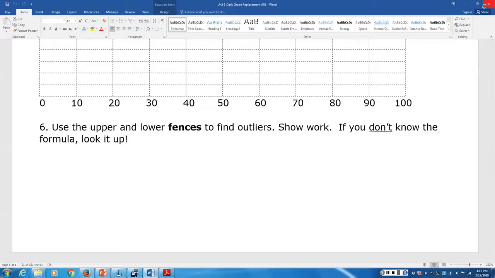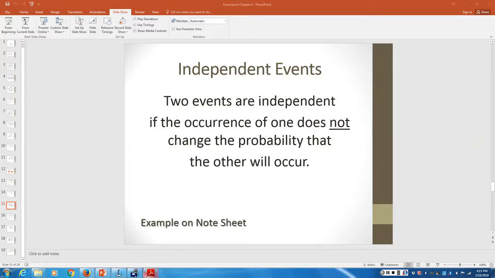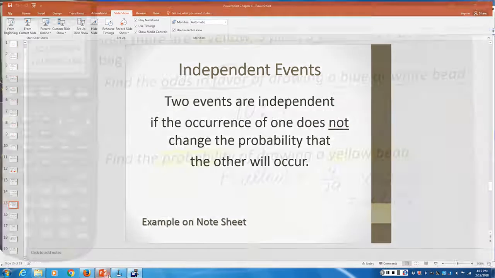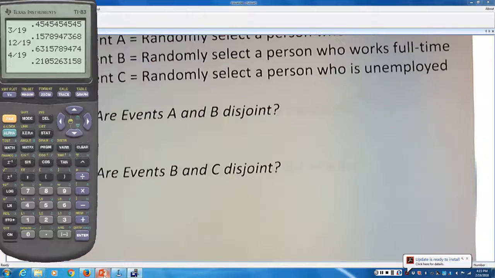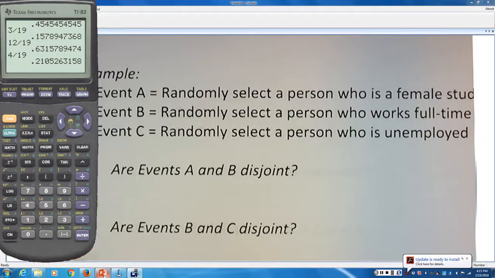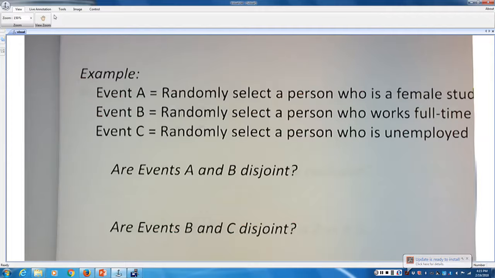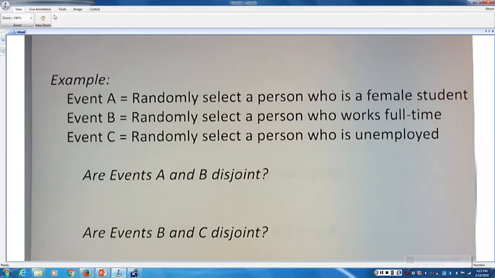And I'm going to close that because that's going to drive me nuts popping up every time. So here we've got some events. And we don't need the calculator for this because we're not calculating any probabilities. We've got three events here. Event A is that we're going to randomly select a person that's a female student.